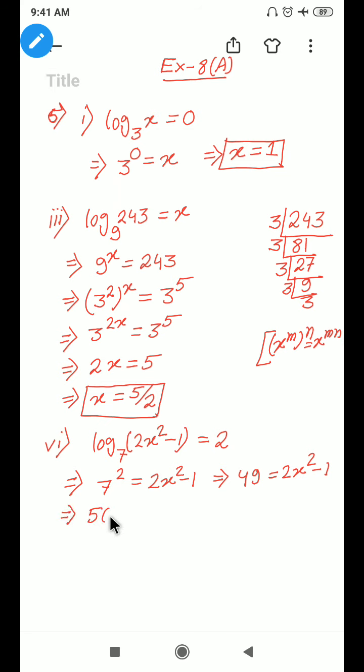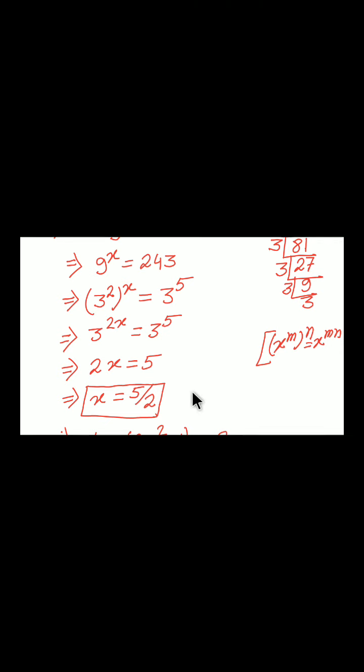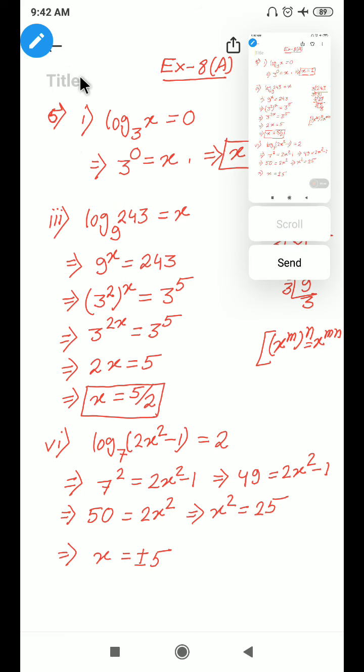So 50 is equal to 2x square. So x square is equal to 50 divided by 2 means 25. So x is equal to plus minus 5. In this way you can solve the rest of the problems in question number 6.